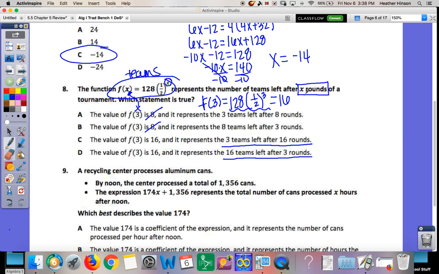What did we plug into x? We plugged in 3. So our rounds are 3. And then that whole thing represented the teams. We solved for teams. So it's 16 teams left after 3 rounds. So D.